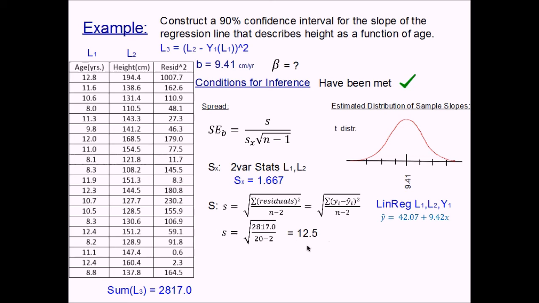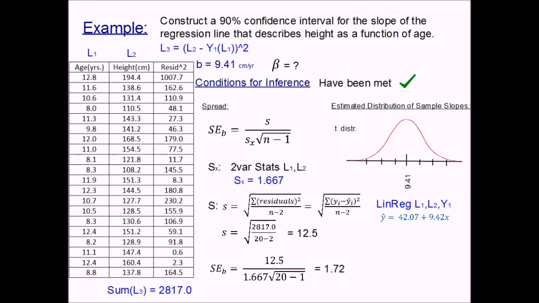Be careful about making a common mistake. Students in the past, it's a lot of work to get this. You get your 12.5 and you say, that's my standard error for this distribution. No, it's not. That's just the numerator for the standard error equation, which we can plug in both the 12.5, 1.667, our n is 20, and that turns out to be 1.72.